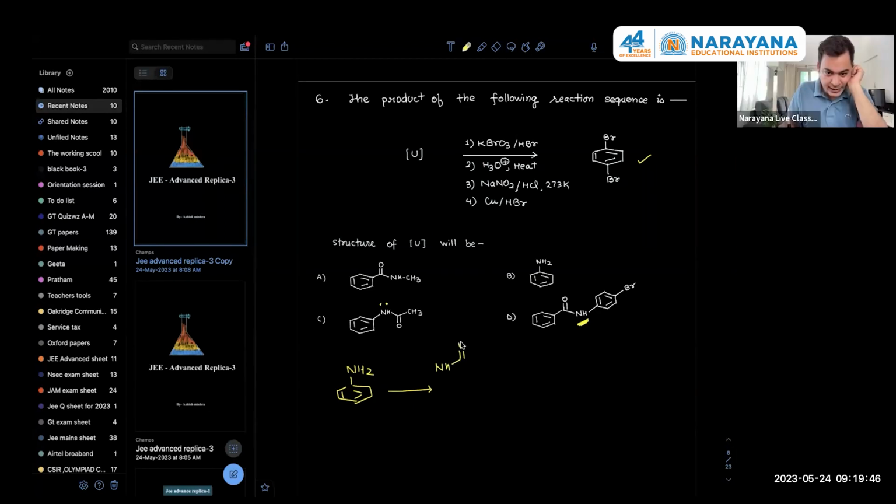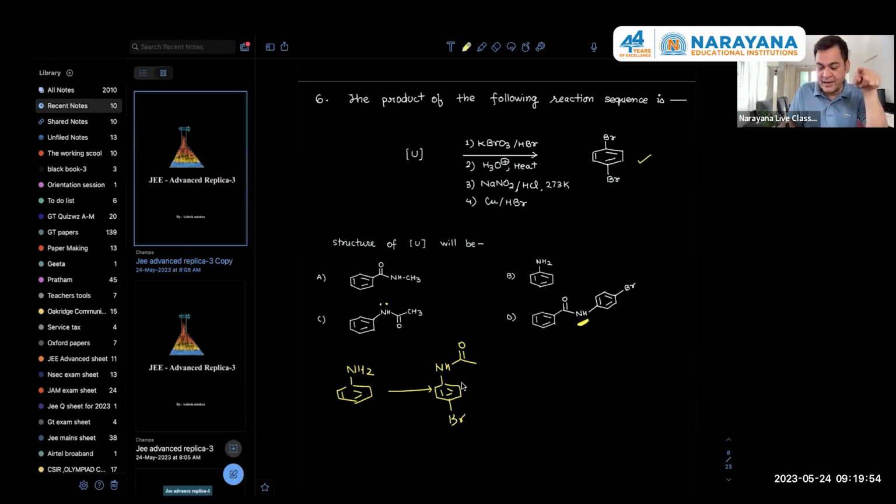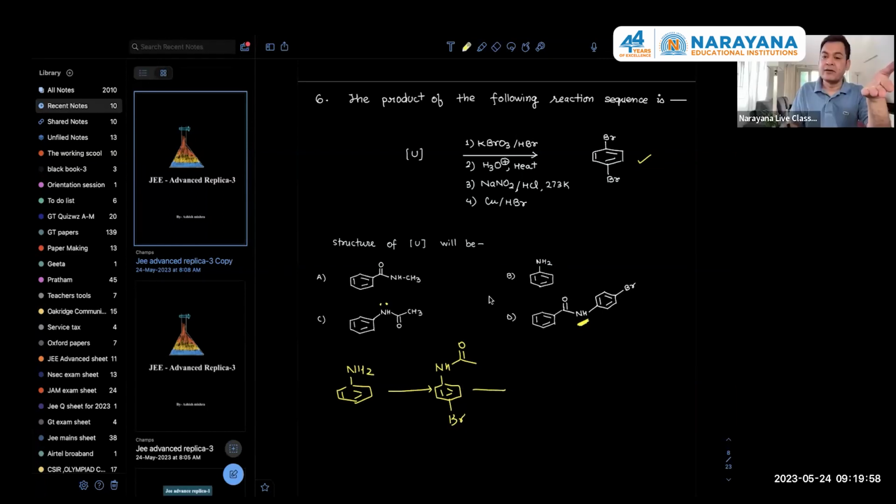First you will do acylation, then bromination. In that case, para is the major product and ortho will be the minor product. That is what I am doing here. Here para is free, so if I go for the major one, para is the only option. In this case, para is blocked, so the major one will be ortho only.